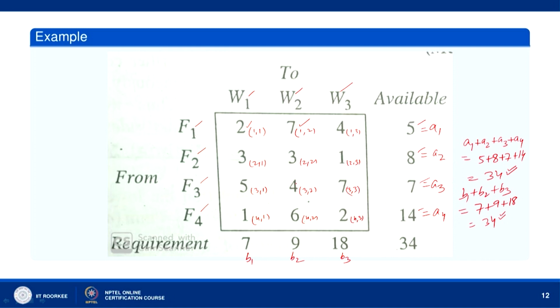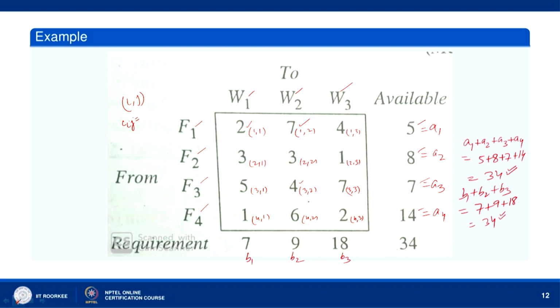Okay. So, the ijth entry, for example the entry in the 3rd row 2nd column, tells us the transportation cost. Okay. This is Cij, the transportation cost from the ith source to the jth location.